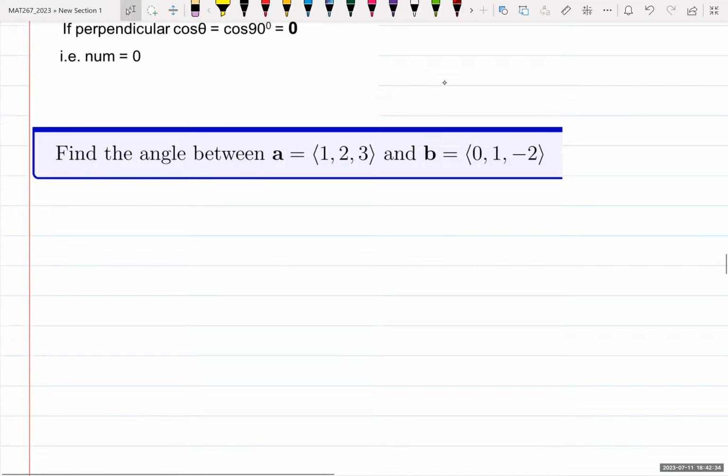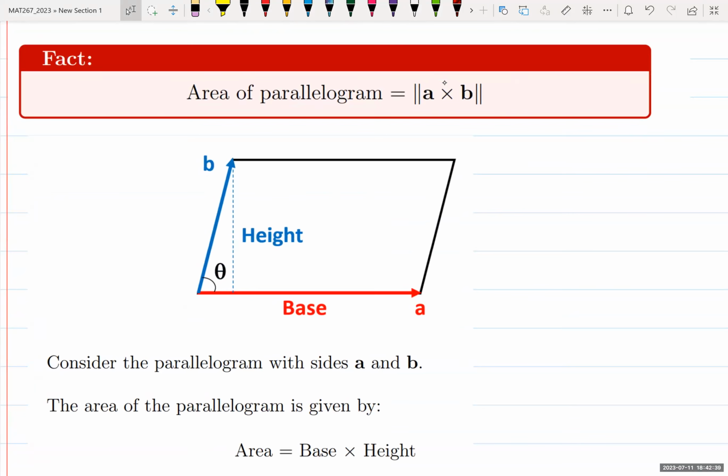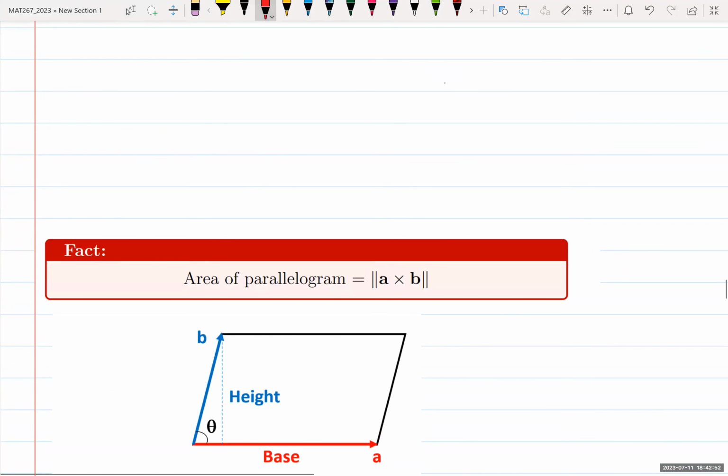Find the angle between, blah, blah, blah. We know that. A couple of times we're going to ask you to find one of three things or all of them: area of the parallelogram, area of the triangle, and volume of the parallelepiped.